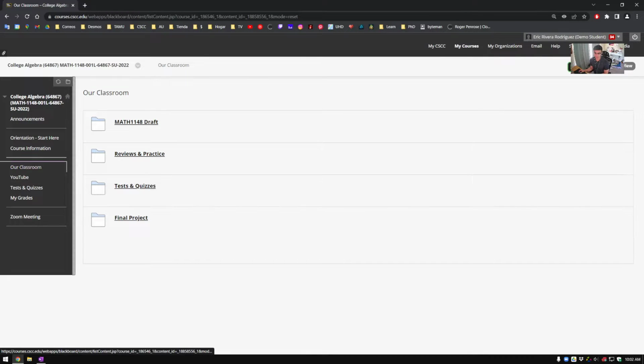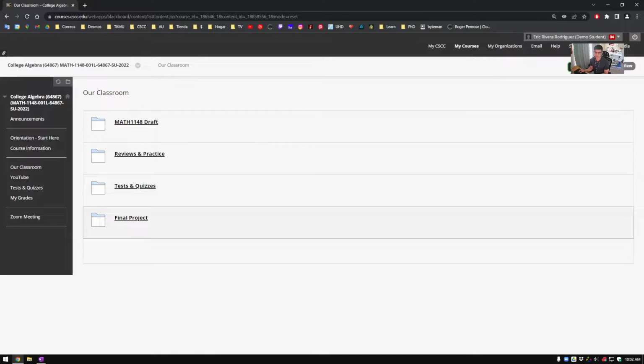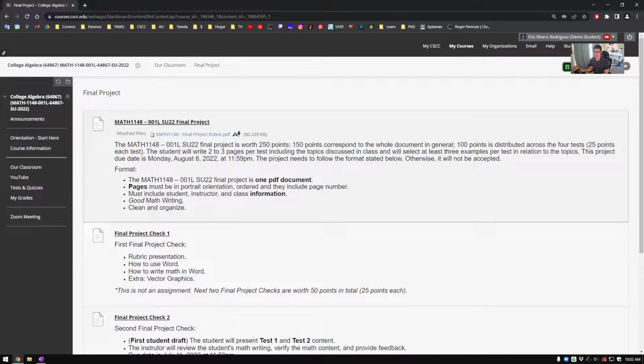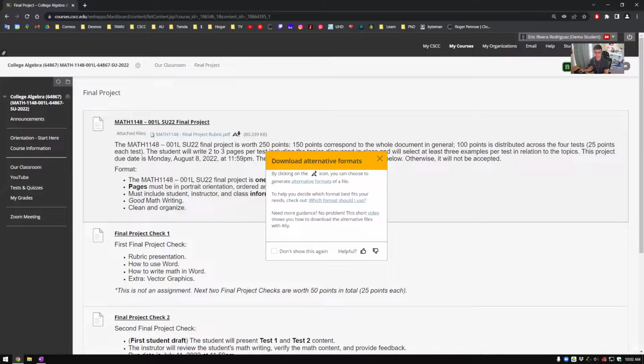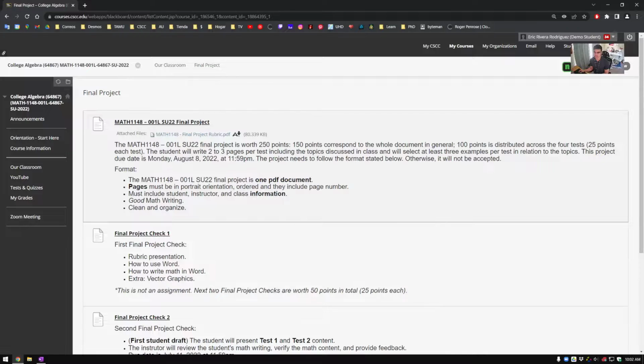So we are going to click on our classroom, final project folder. You enter there, and the first item is where you are going to submit your final project. In this item there is also the rubric of the final project.